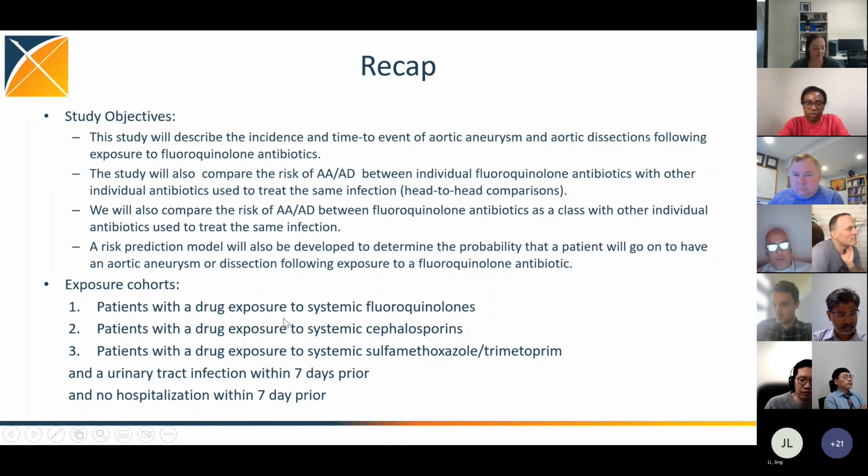I'm going to focus on the exposure. Gotham is going to be talking about the other two things. So we need fluoroquinolones, we need cephalosporins, and we need sulfamethoxazole-trimethoprim.